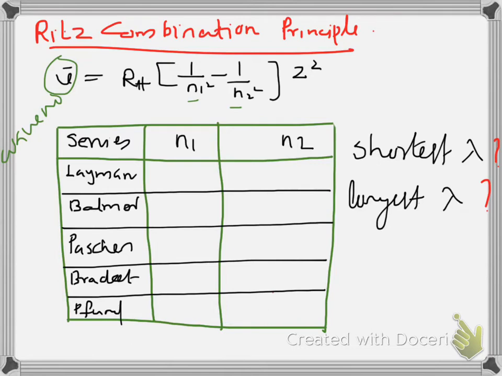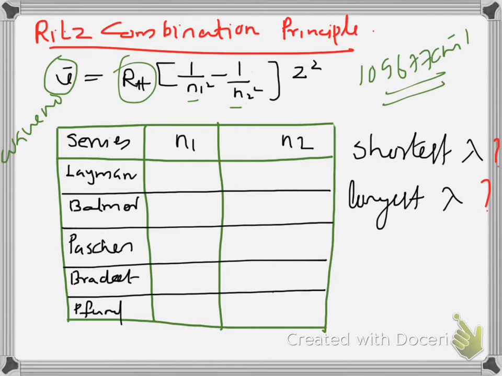Suppose an electron is de-excited from n2 to n1, then the wave number is given by RH, the Rydberg constant. 109,677 centimeter inverse is the value of RH. n1 means a lower energy level than n2.